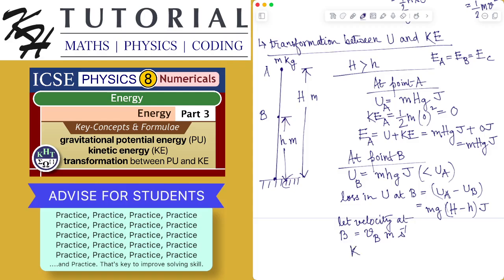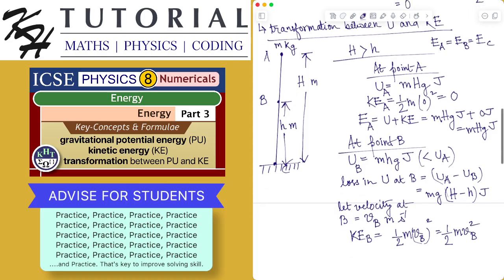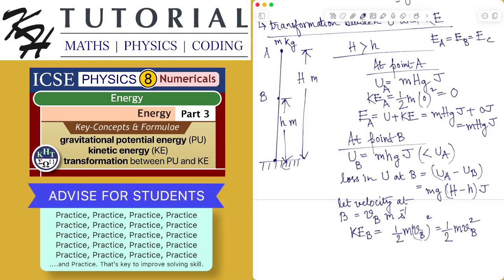So the kinetic energy at the point B will be half m vb square, that is half m vb square. This kinetic energy was gained by the body at position B due to its loss in potential energy. So this should be equal to mg(H minus h) joule.